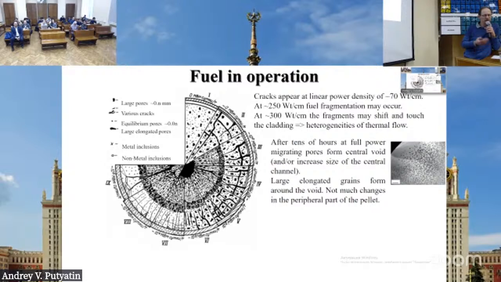For example, you have a pore put into a strong temperature gradient, and the wall of the pore which sits at higher temperature starts to evaporate and condense on the colder side. So the pore effectively moves. The void is moving.